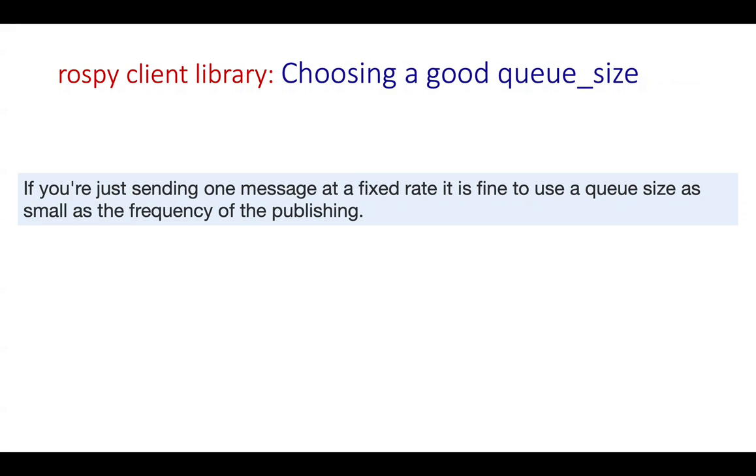Or here's another example of why you would not want to have a large queue. Maybe you are publishing some sort of data such that the subscriber always needs the latest instance of that data. Okay, so a camera is publishing images, and my obstacle detector doesn't need all the images.